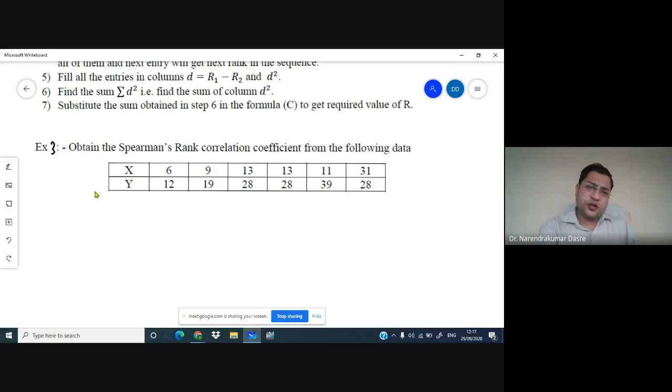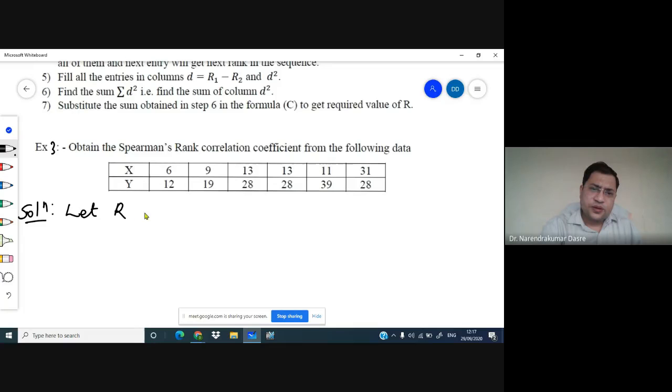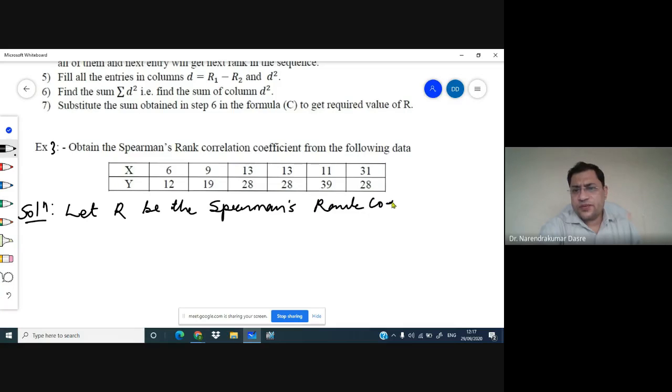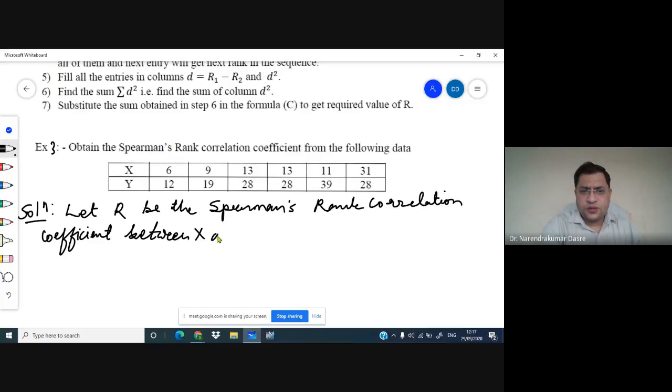Let R be the Spearman's rank correlation coefficient between X and Y. Now, you know there are repeated values, so you have to write the formula for the repeated values.